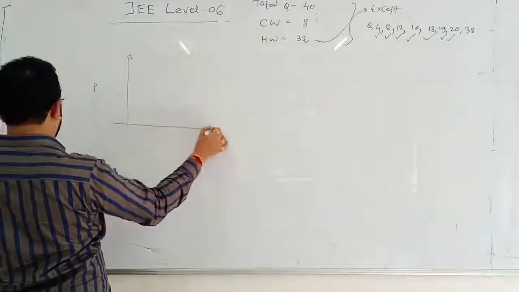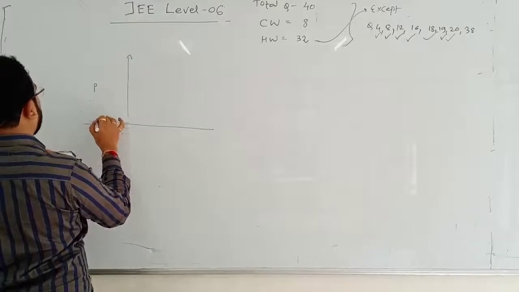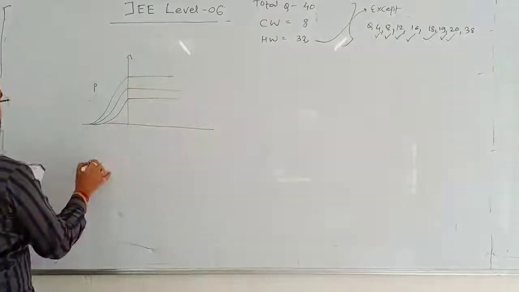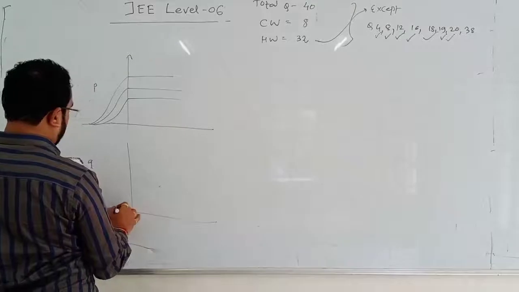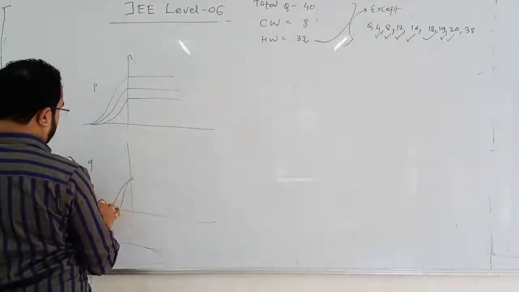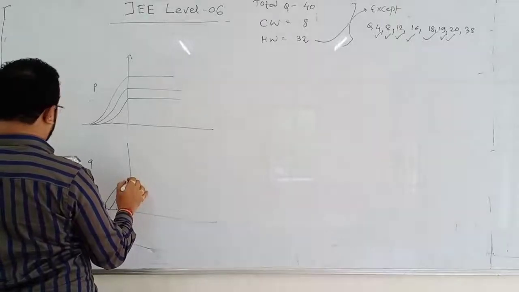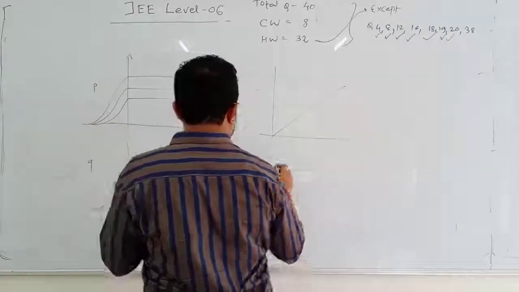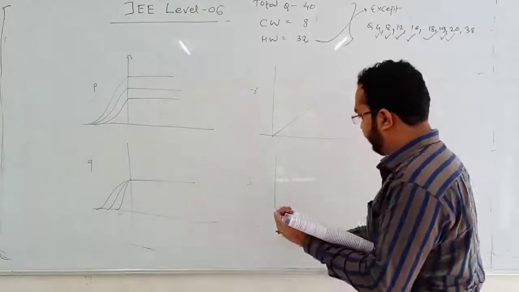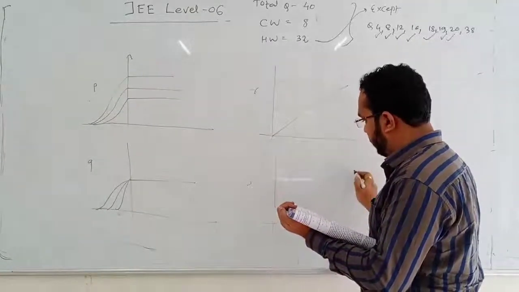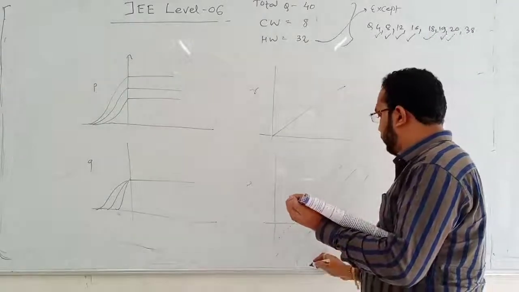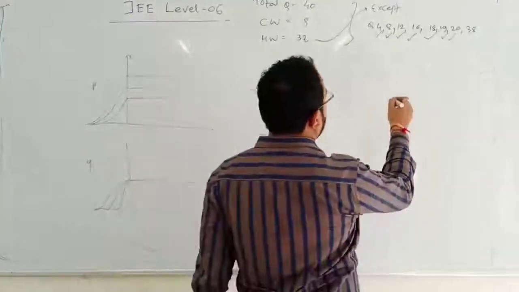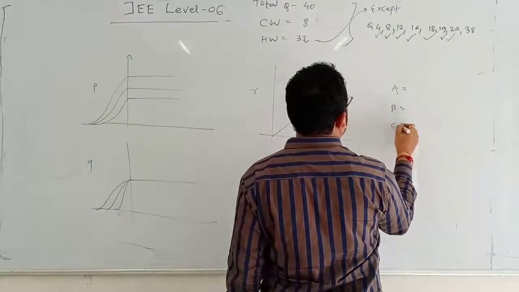This is P. This is Q. This is R. And this curve is S. Okay. Option A, I will read A. You see what the answer will be for it. A, B, C and D.